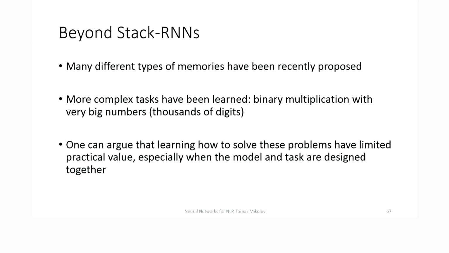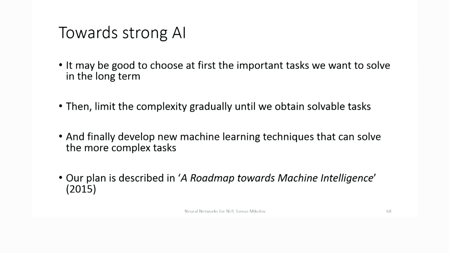And one can argue that developing more and more complicated architectures of these memory models, together with the tasks that they are trying to solve, is misleading, because then you are basically tweaking both the problem and the model until you obtain some funny result like binary addition, but it doesn't really have all that much practical value. So for the last part of my talk, I will say how we wanted to solve this.